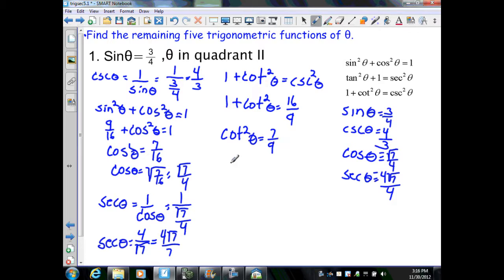When I take the square root of both sides, I get cotangent theta equal to the square root of 7/9, or the square root of 7 over 3.